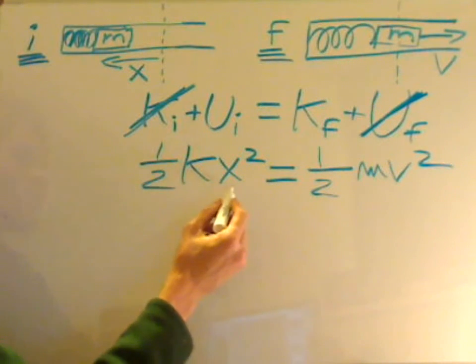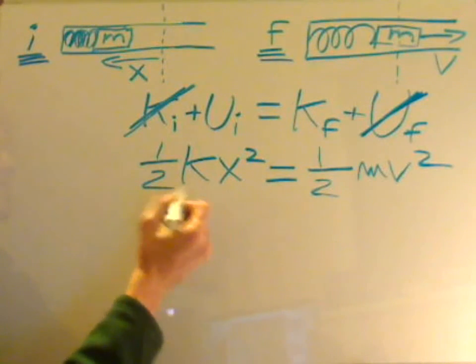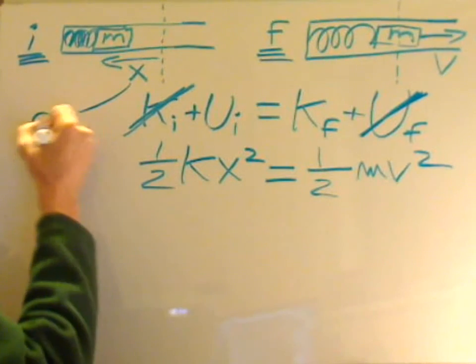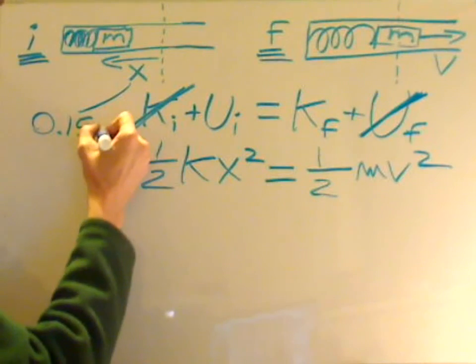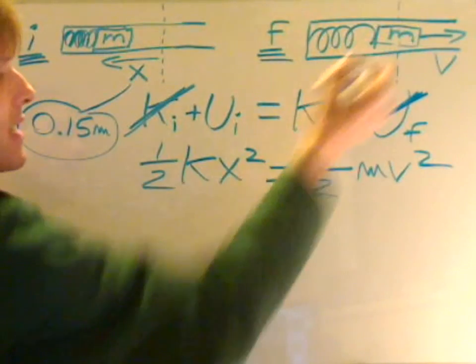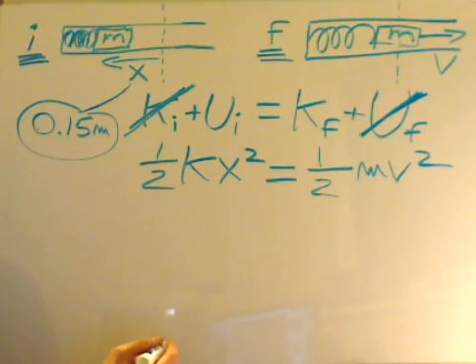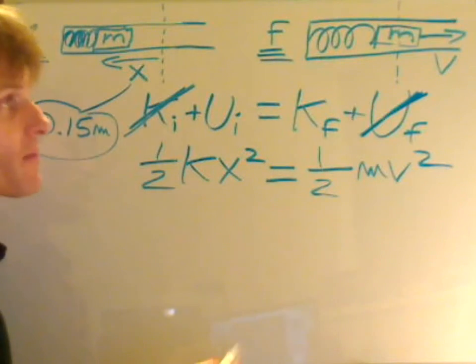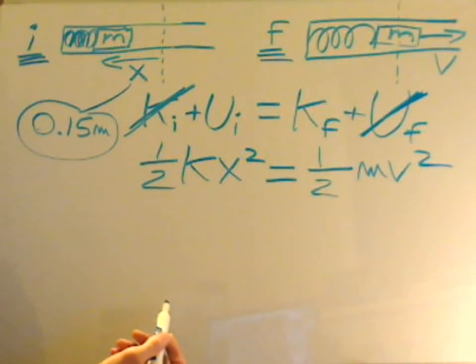So we're given the compression x, that's 0.015 meters, that's given in the problem. The mass, we won't write it down, but the mass is given as well. The mass is 0.05 kilograms, and the velocity at top speed is 20 meters per second.